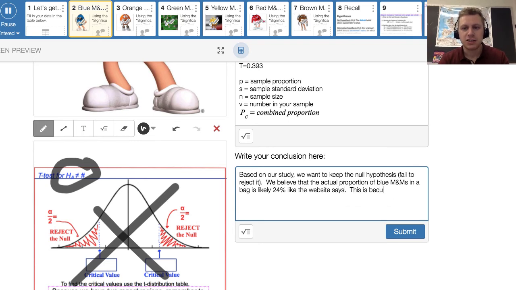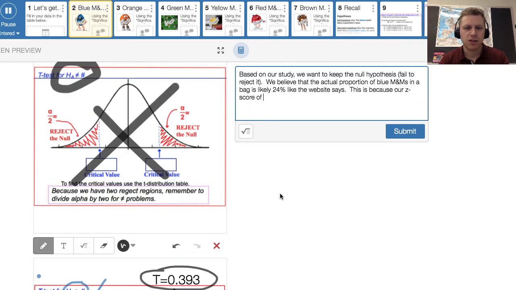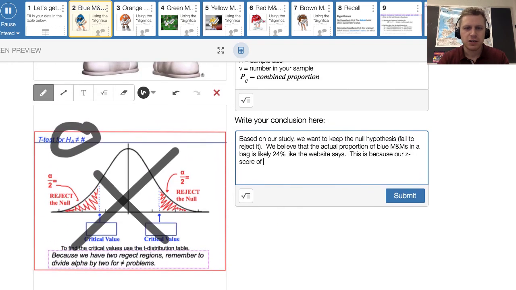This is because our z-score, or you could say t-score, of 0.393 fell below our critical value of 1.64.